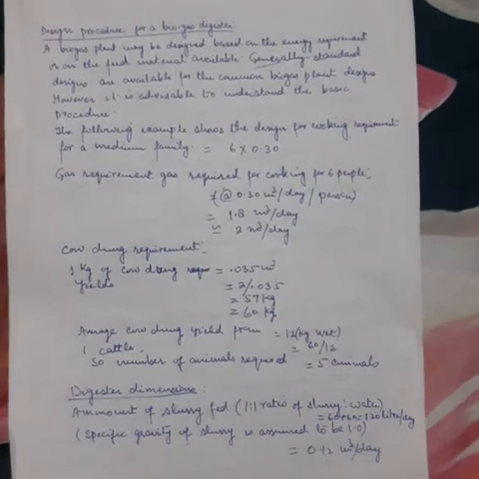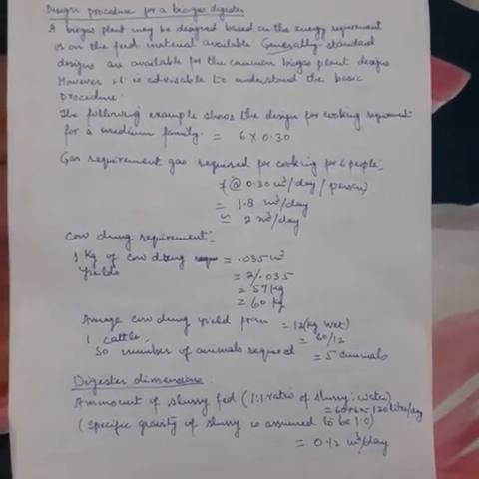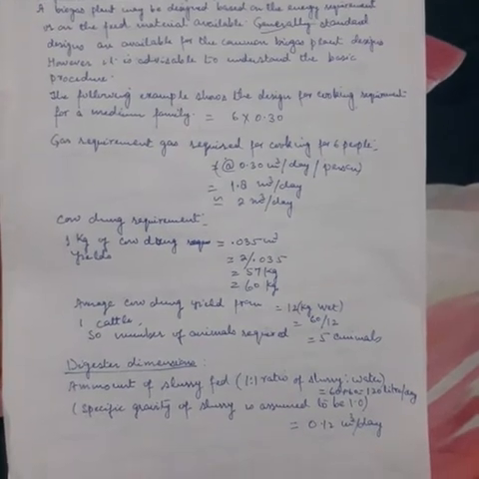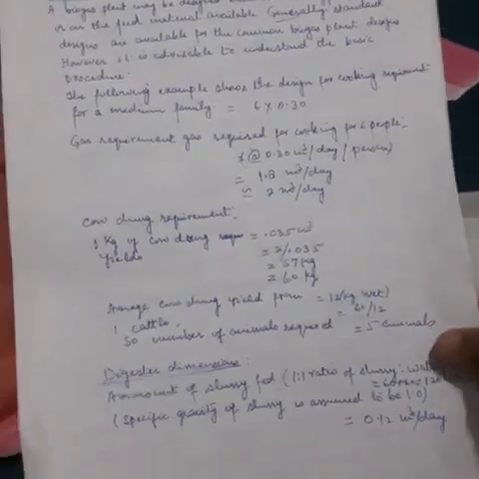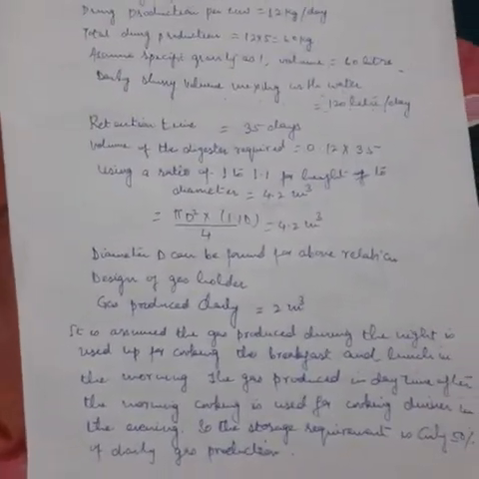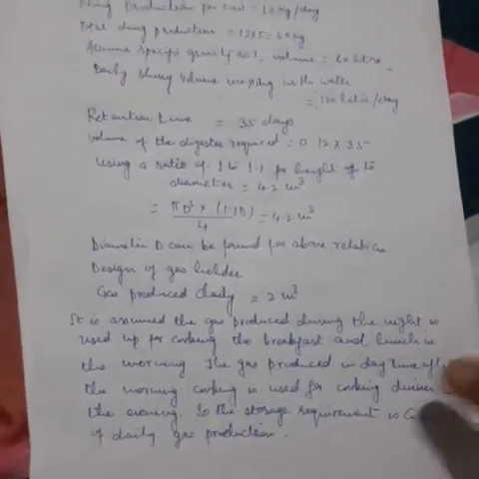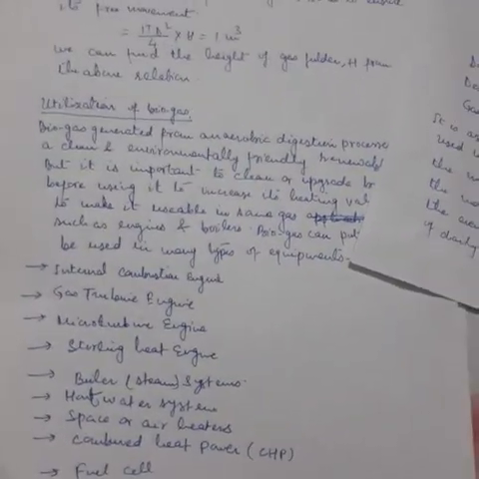So how much quantity of fuel is required is calculated by this simple calculation. So in this video we discussed mainly the design procedure for a biogas digester and the utilization of the biogas fuel. Thank you.